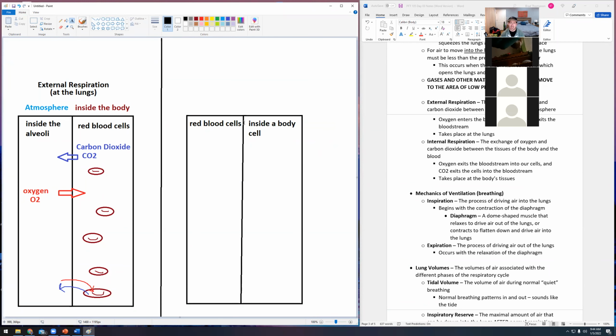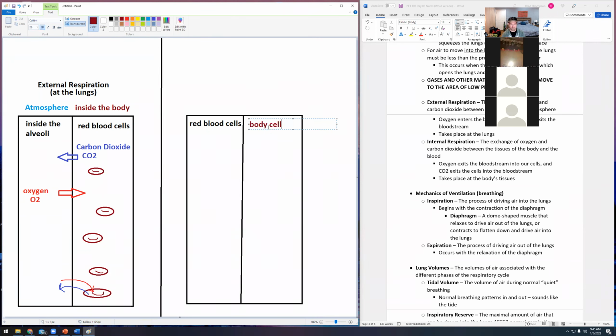That could be a muscle cell, it could be a skin cell, it could be a neuron, a bone cell, whatever, right? This is inside the body here. Actually, hang on, let me relabel this. I'm going to say this is a body cell. Okay, so this is the body cell, and there's our red blood cell, right?